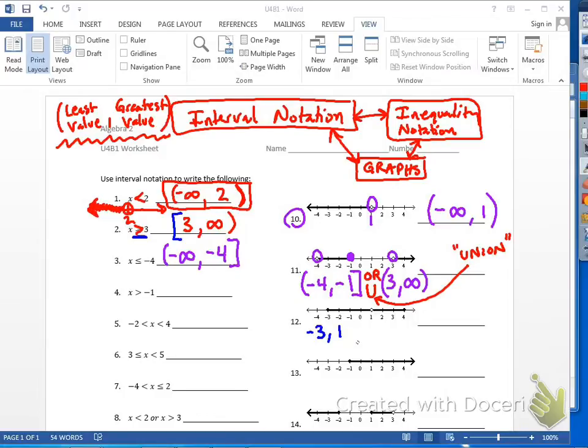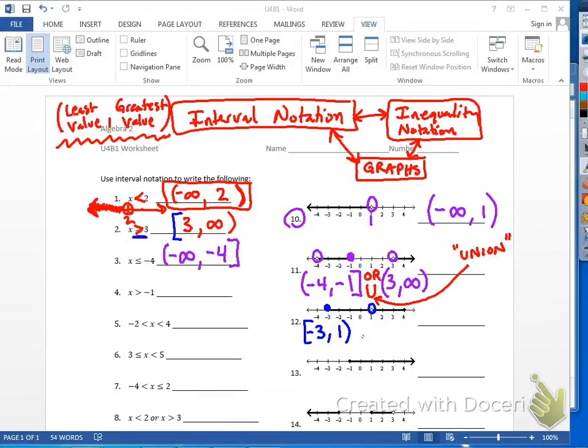Notice that there's a gap right here at +1. It's an open circle. So what do I do with the number -3? Do I include it or not include it? I include it, so it's a bracket at -3. And what do I do at 1? Parentheses or bracket? Parentheses.